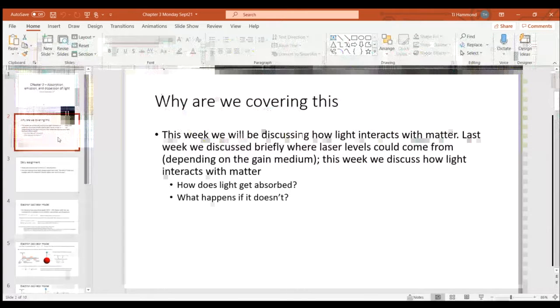Those transitions are more in the infrared, whereas the electronic transitions tend to be in the near infrared, visible, or slightly UV. We also looked at solids, where you can have bands due to the band structure of these periodic potentials. And so we looked at where these energy levels came from.